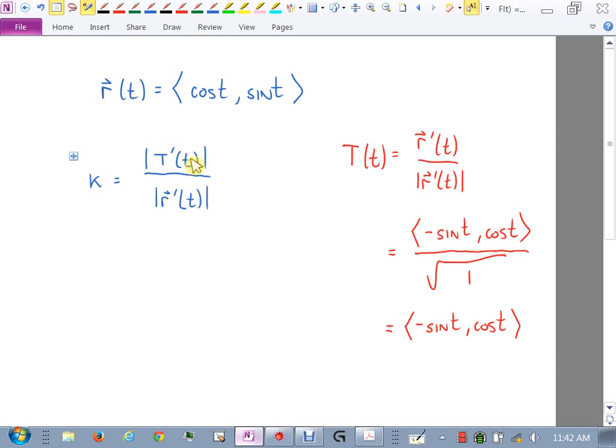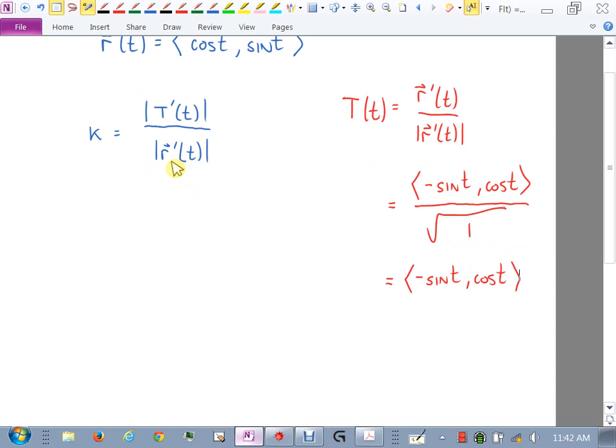That's not what I need in the formula, though. I need its derivative and then that magnitude. The derivative of capital T is negative cosine t, negative sine t. The magnitude of this is 1, so the top is 1.